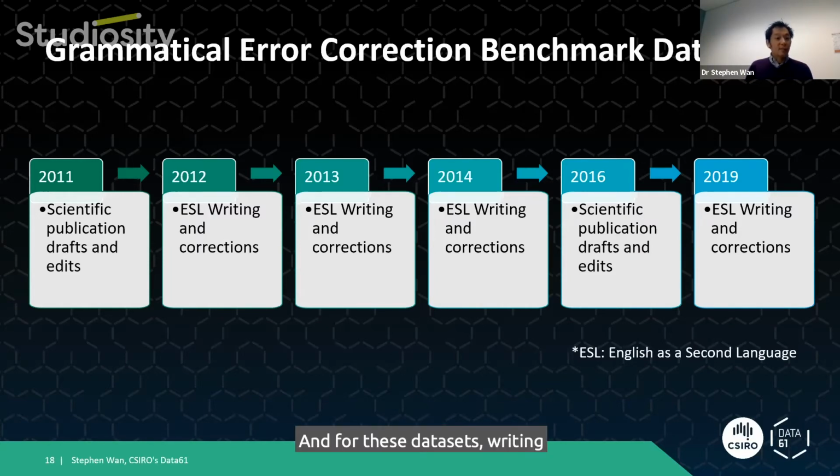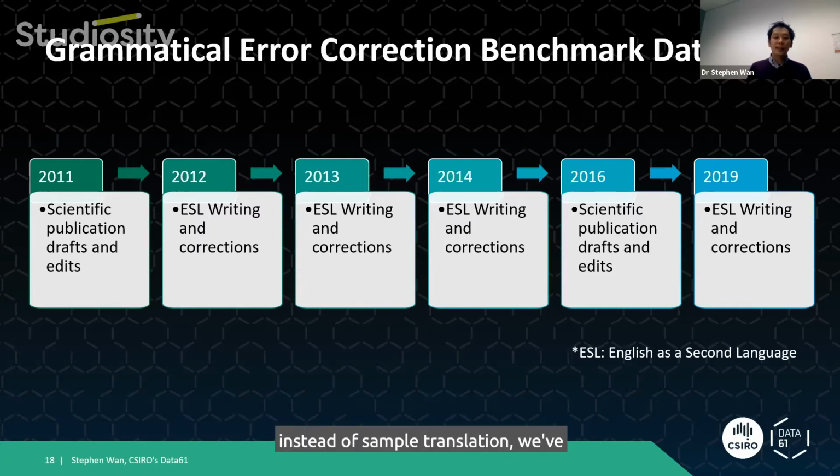And for these data sets, writing from the English ESL student forms a key part of the data. So in this case, the corrections are made by educators at the center or linguists, or freelance editors. Note that the most recent of these benchmark datasets for grammatical error correction was created in 2019, and it also looks at writing from ESL students.